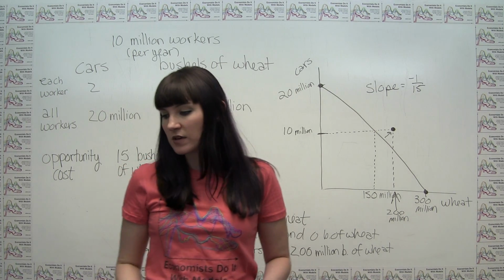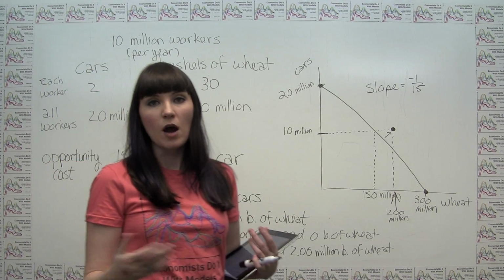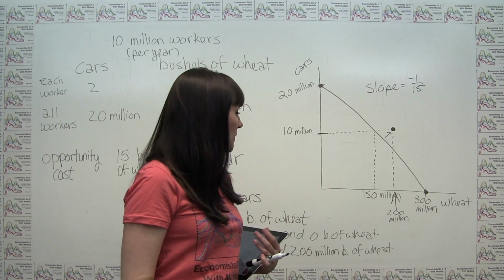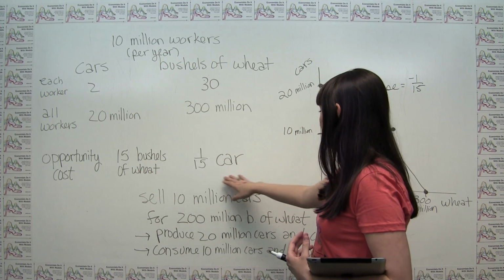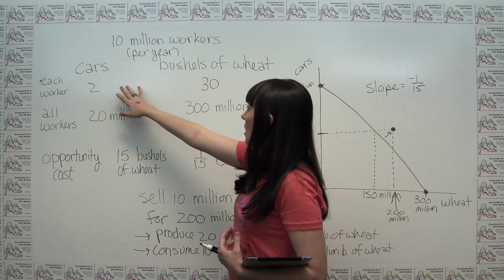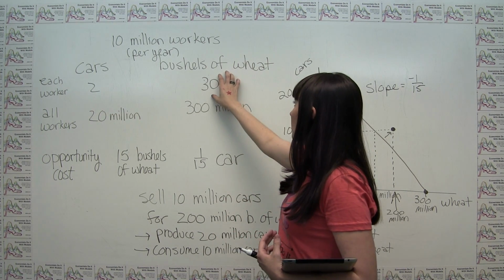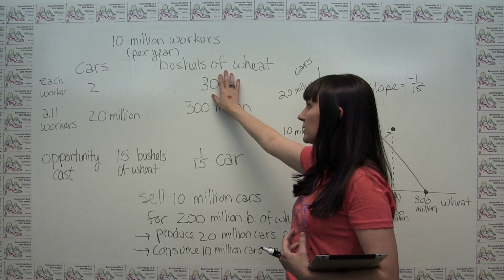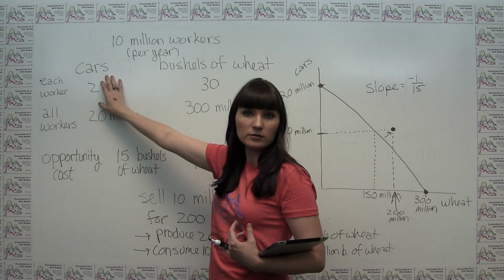We could also think about this in terms of opportunity cost. You'll notice over here, when we were talking about opportunity costs, we said it costs Canada 15 bushels of wheat to make a car.